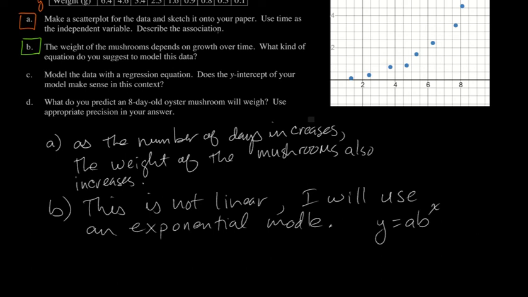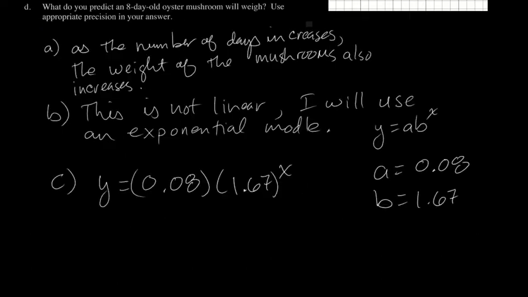So let's go ahead and write down the equation that we got from Desmos. So for C, given the values of A and B that I had from Desmos, I went ahead and wrote down that the model is y equals 0.08 times 1.67 to the x power. C also asks, does the y-intercept of your model make sense in this context?